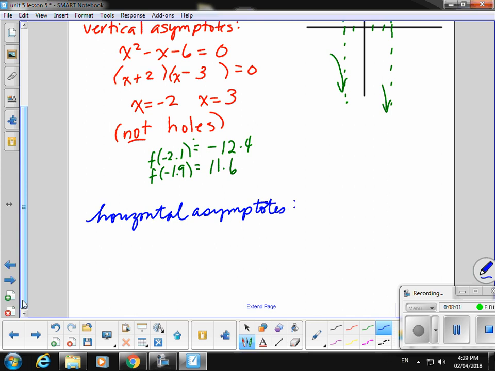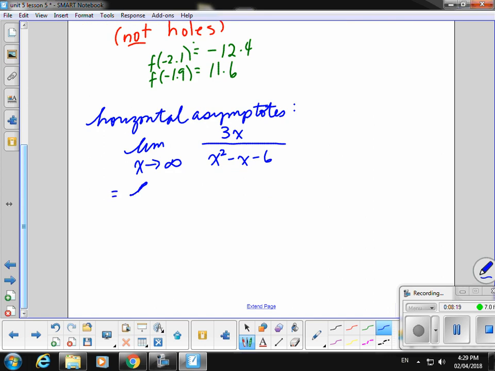That is the limit as x approaches infinity, or negative infinity, for 3x divided by x squared subtract x subtract 6. So we are going to divide out the largest power of the variable, which would be an x squared on the bottom. 1 subtract x over x squared, subtract 6 over x squared.